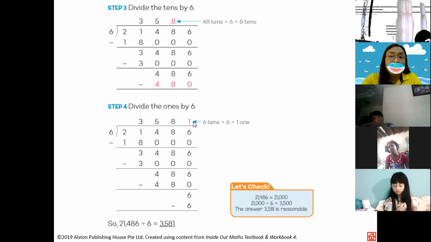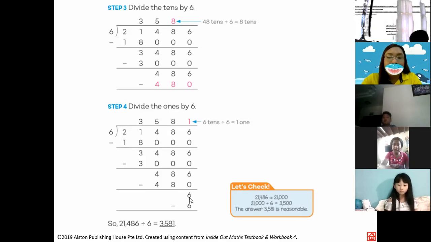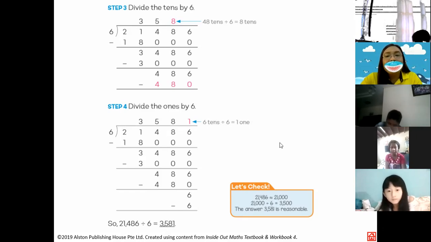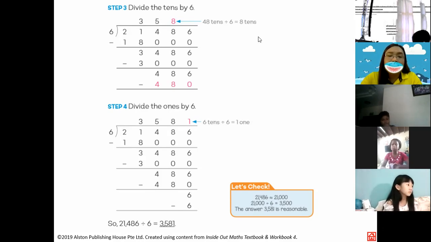That's 1. Then 1 multiplied by 6 is 6. And then 6 minus 6 is 0. So 21,486 divided by 6 is 3,581.